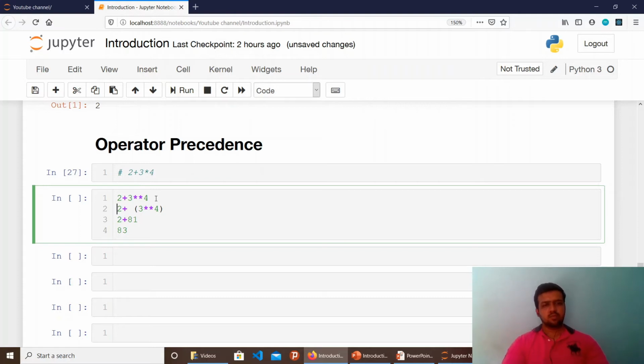That is what we should get. This is done using operator precedence. The interpreter will first perform the exponent operation, and then whatever answer we get, we'll apply the addition operation after that.